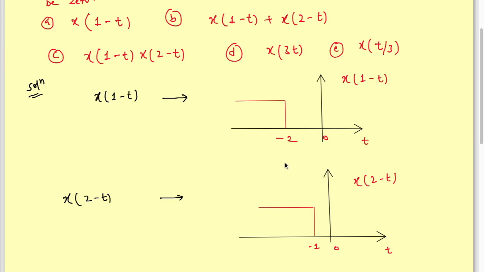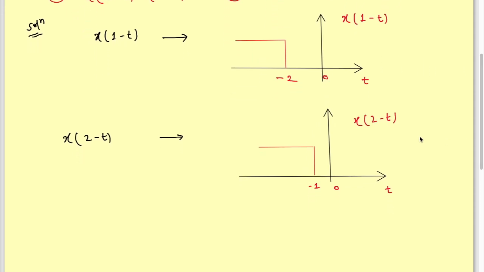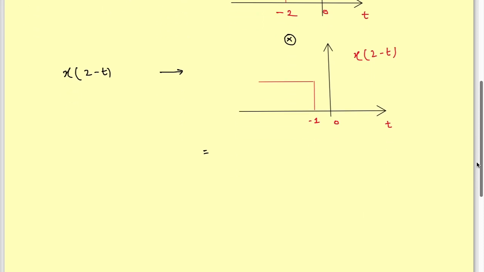So we have x of 1 minus t and x of 2 minus t. We have found out that x of 1 minus t looks something like this and x of 2 minus t looks like this. I need to multiply both of these, and then the resultant signal will look something like this.